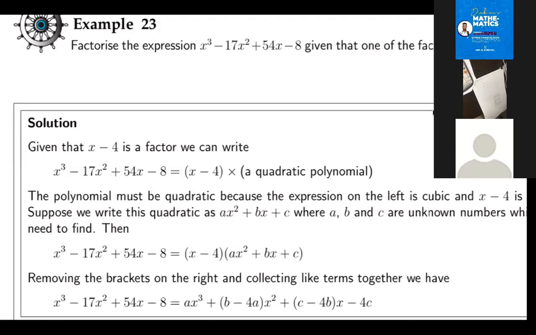We didn't get 0, right? Okay, so let's try positive 2.